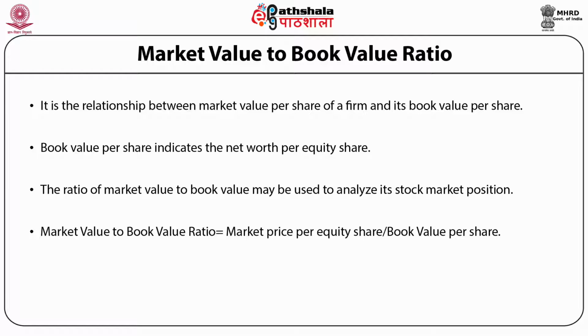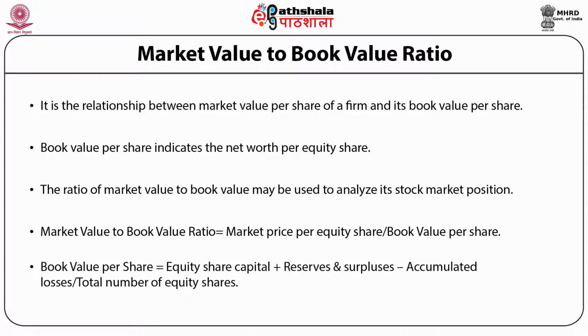Market value to book value ratio can be calculated by dividing market price per equity share by book value per share. Book value per share includes equity share capital plus reserves and surpluses minus accumulated losses, divided by total number of equity shares.